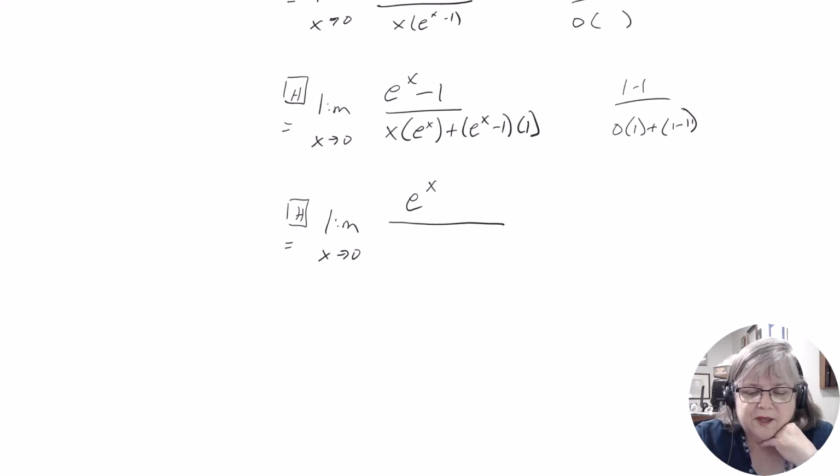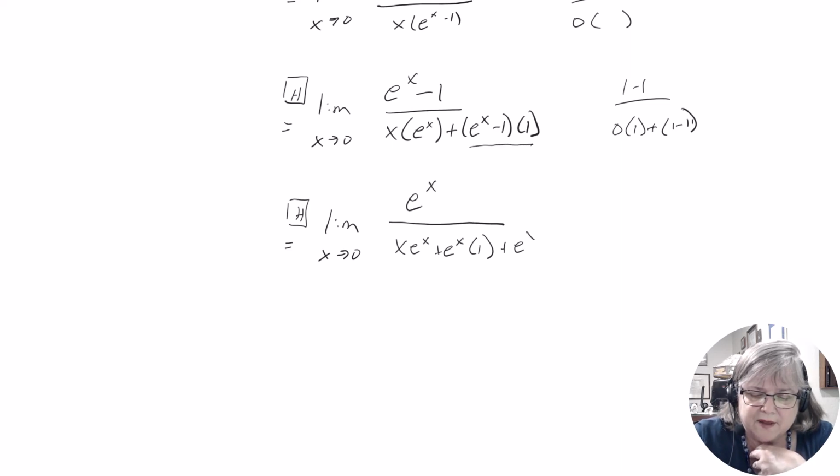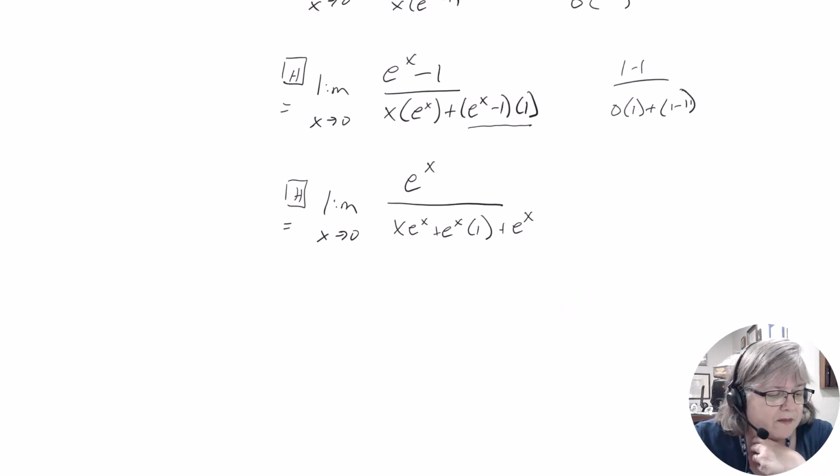Yeah, we're going to do the product rule. So we would have the first times the derivative of the second plus the second times the derivative of the first plus the derivative of this, which is e to the x, and the derivative of minus 1 is minus 1, right?